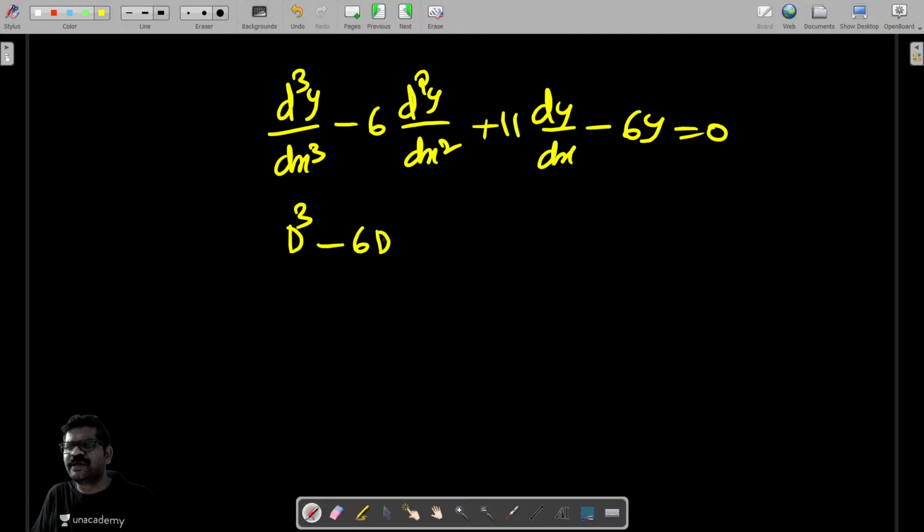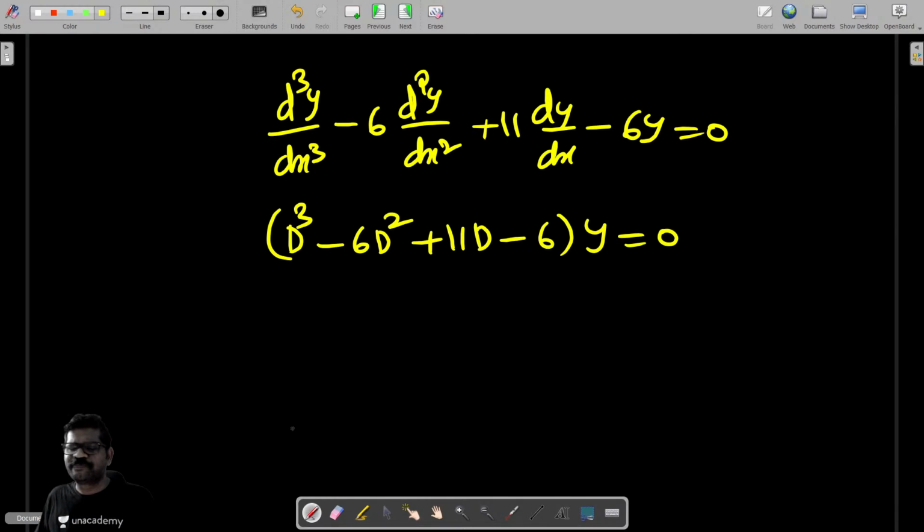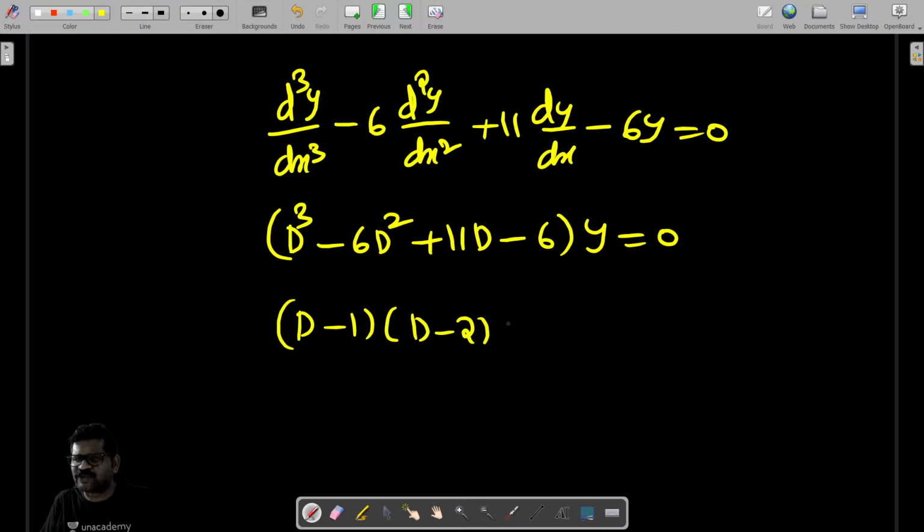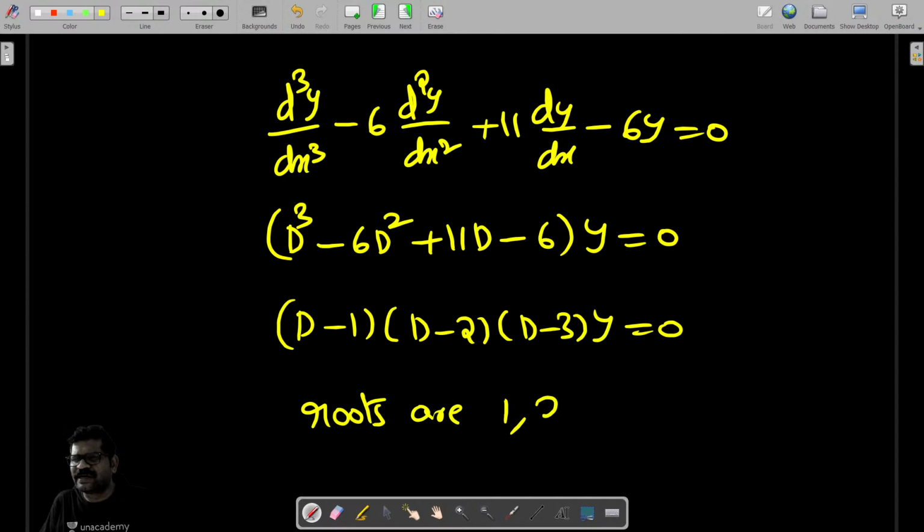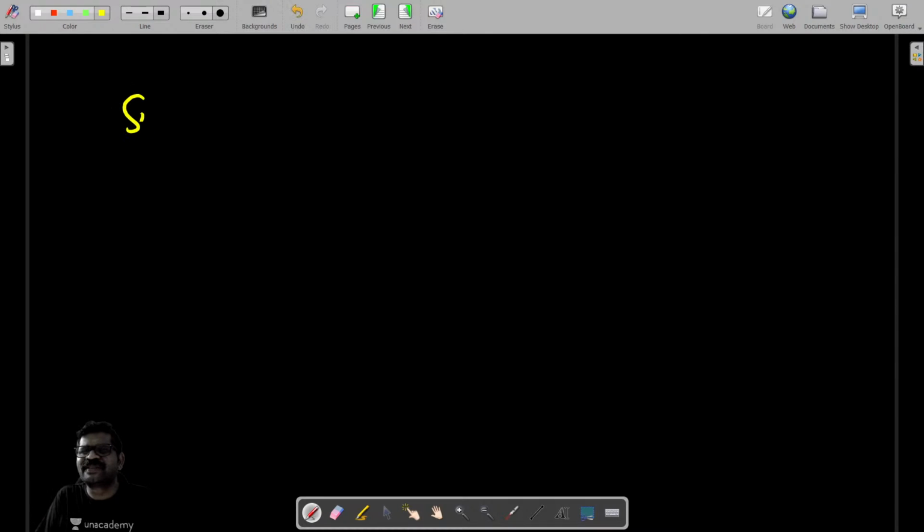That is, D cube minus 6D square plus 11D minus 6 of y equal to 0. Now we have to find out the roots. Observe here, if you calculate the roots, this can be written as D minus 1 into D minus 2 into D minus 3 of y equal to 0. So here the roots are 1, 2, 3. The roots are real and distinct.